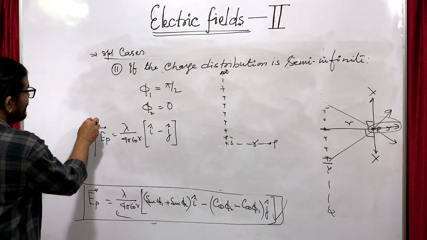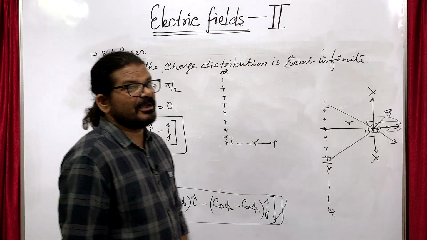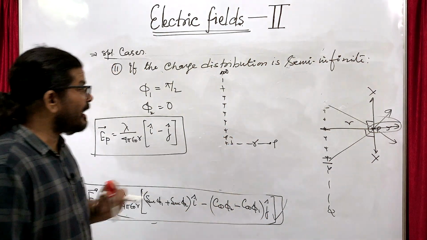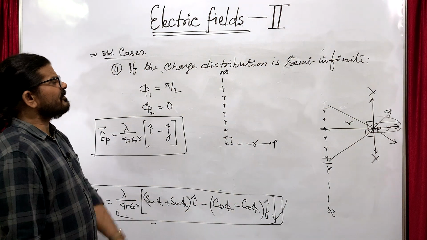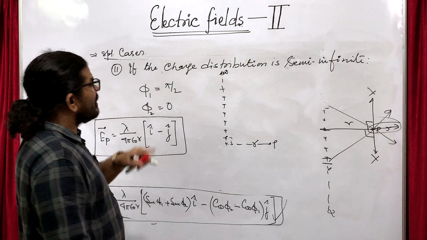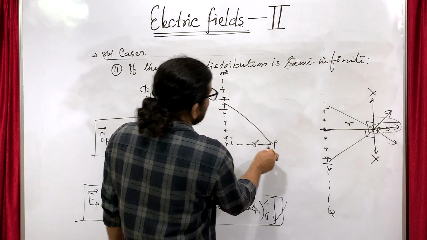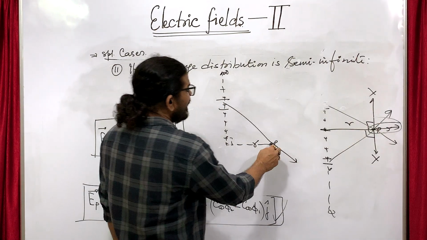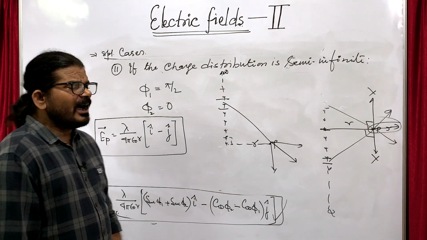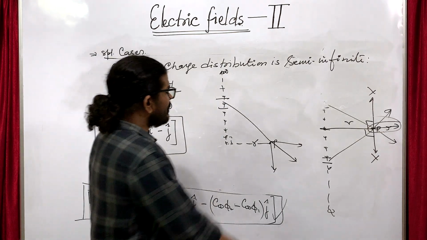Now see, this is the electric field at point P due to the given semi-infinite linear charge distribution. You have found it at point P. Now just go with the physical interpretation, whether this is possible vectorially or not. Now take the element here. Its electric field will be directed along this direction. Its one component will be this and another component will be this. Now here downward there is no component available which will balance this.